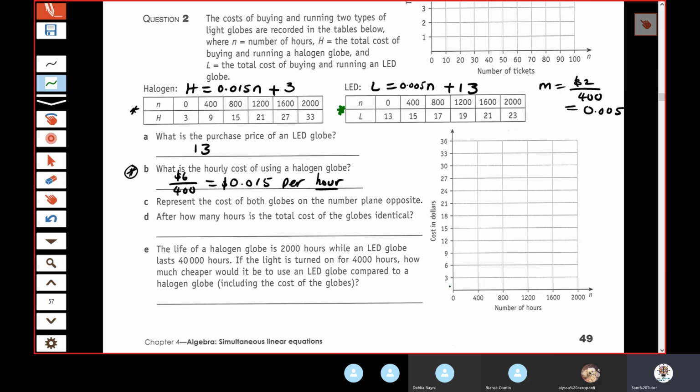So when n is 0, L is 13, right there. When n is 400, it is 15. When n is 800, it is 17. 1200 should be 19. 1600 should be 21. 2000 should be 23. Something like that.